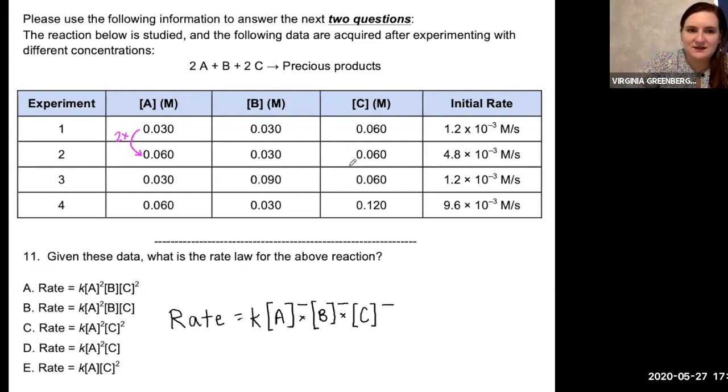That way we can isolate the impact that A has on its own. We can see that as we double A, we quadruple the rate. So the rate is changing with the square of A. It's going to be second order.